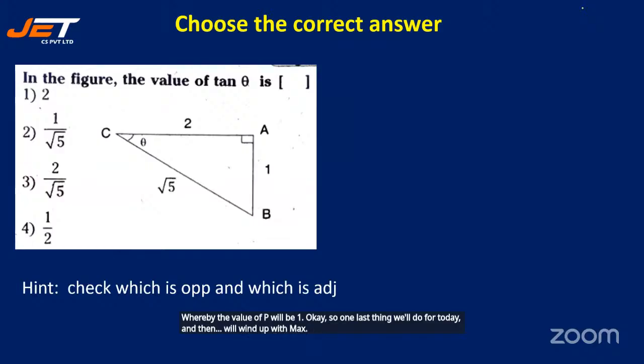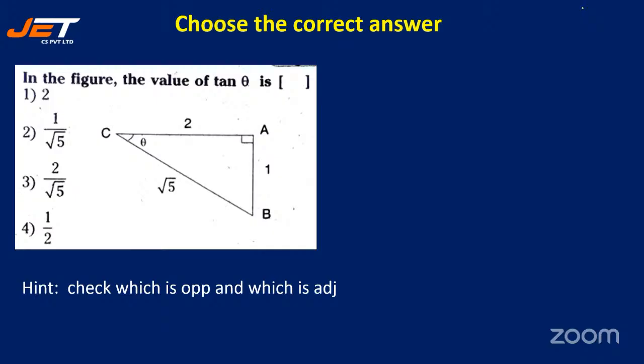In the figure, the value of tan theta is dash. So what is tan theta? It is opposite side by adjacent side. So the side opposite to theta will be the opposite side, next by the adjacent side. So now check which is opposite and which is adjacent, and you will be able to do the sum.